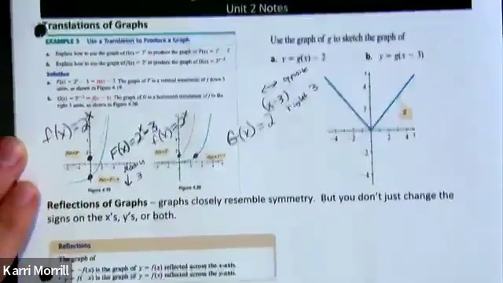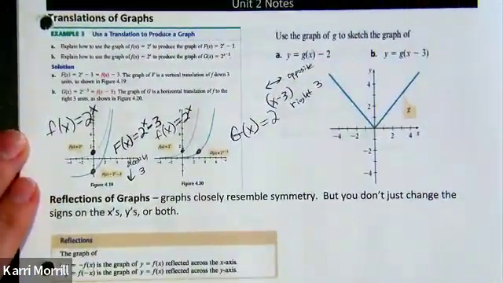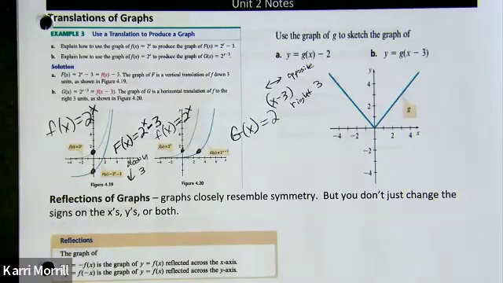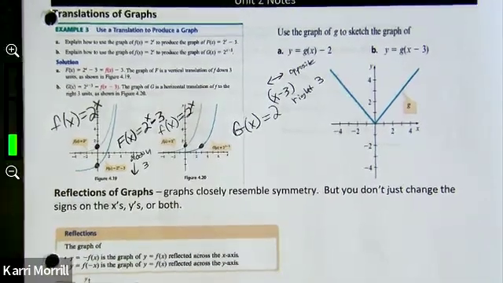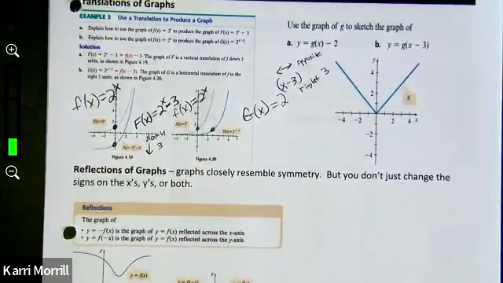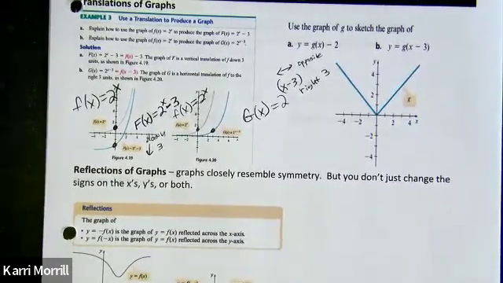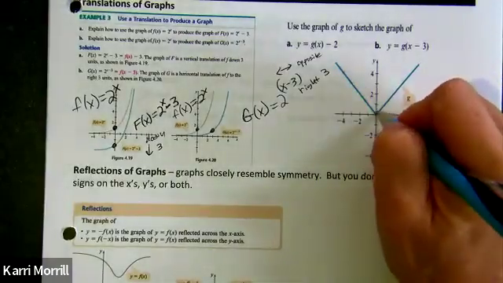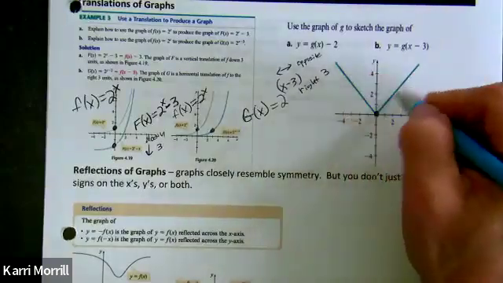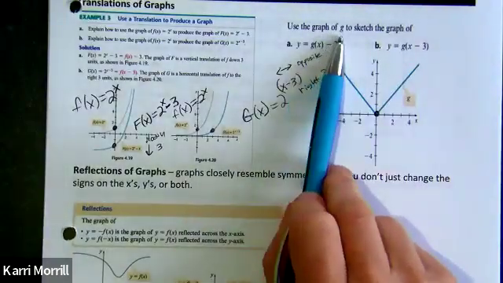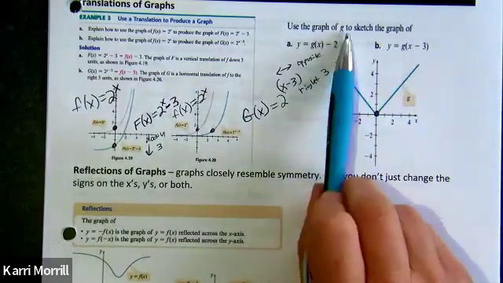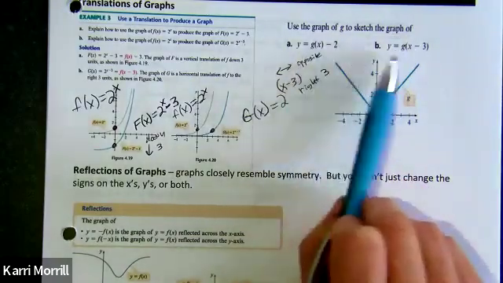So like I said, we'll do translations a little bit more, but I guess we're just introducing it since we're talking a little bit about characteristics of graphs in this 2.5 material, but mostly with symmetry. So I'm only going to compare the vertex of this parent graph, and it says to use the graph of g, that's what this graph is, to sketch these graphs.